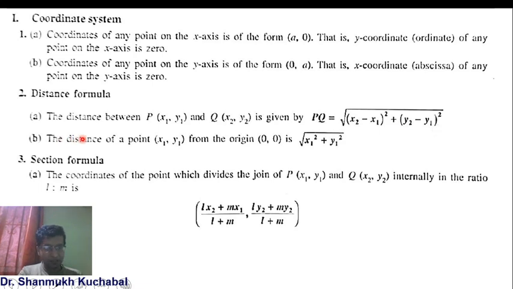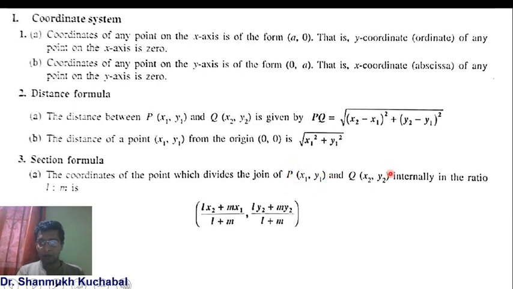Similarly, the distance of a point (x1, y1) from the origin, where the point Q is the origin, you can substitute x2 is 0, y2 is 0, then we get the expression root of x1 square plus y1 square.